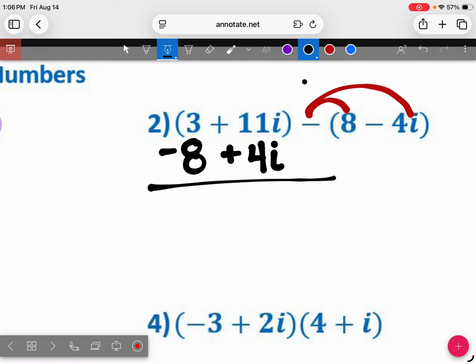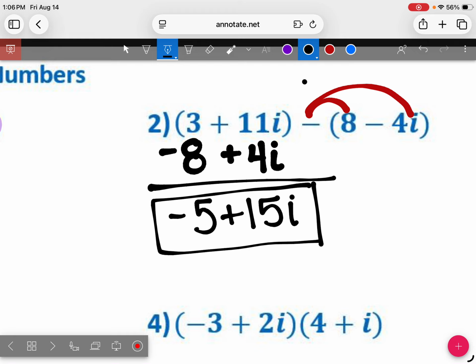And you should get negative 5 plus 15i. All right, any questions about our first two? Adding and subtracting.